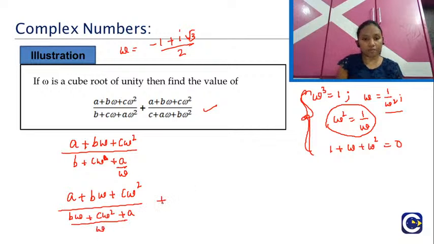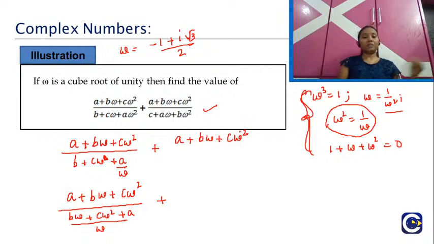In the same way, if I observe my second term, that is a + b omega + c omega square over c + a omega + b omega square, here I have omega as the coefficient in the denominator, but in the numerator I don't have any coefficient for a. So I'll keep the numerator of the second term as it is, and again change the coefficient of a in the denominator.